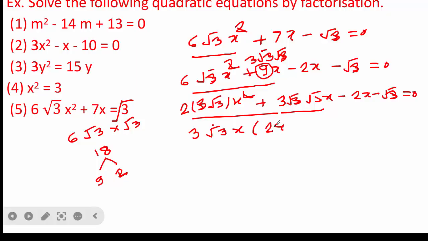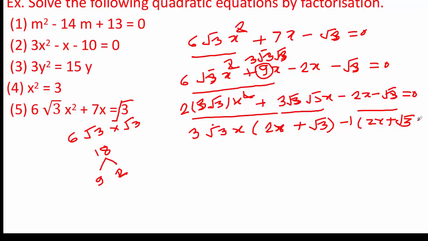2x plus root 3. And from these two terms, I shall take minus 1 common, 2x plus root 3 equal to 0. The bracket is common, therefore I shall write it in first bracket 2x plus root 3.